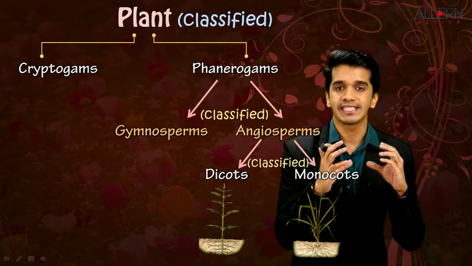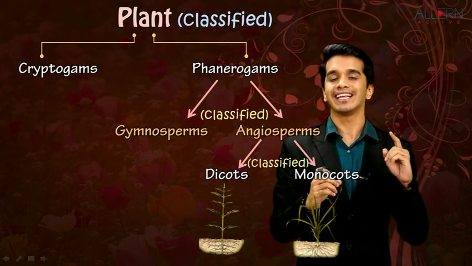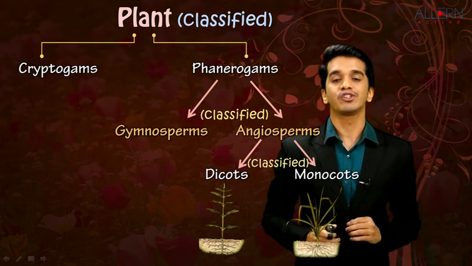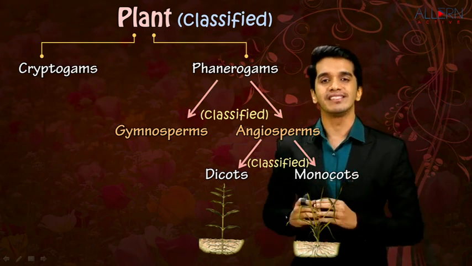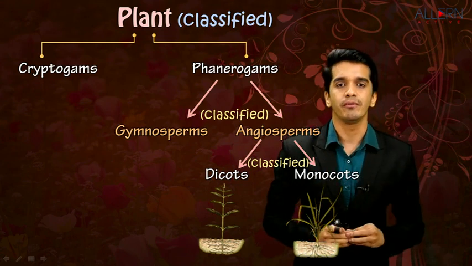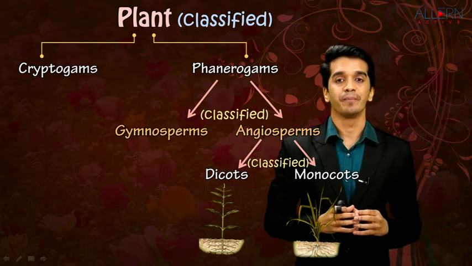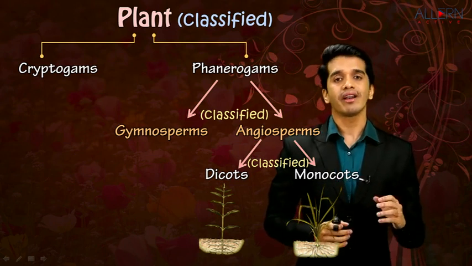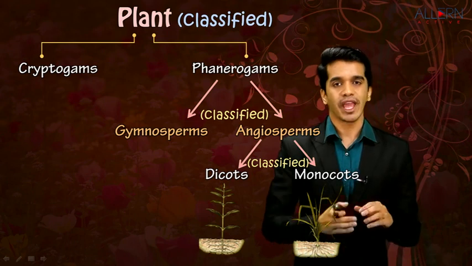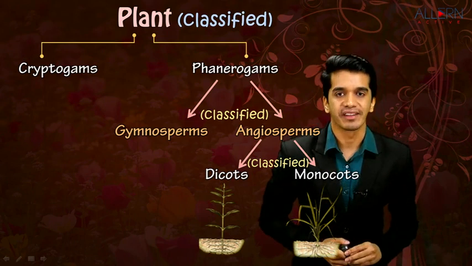If the seed does not get divided into two equal parts and has only a single cotyledon, it is called monocot. The best example of dicot is a very beautiful fruit called mango, and the example of monocot is corn or wheat seeds. You cannot cut that into two equal halves.